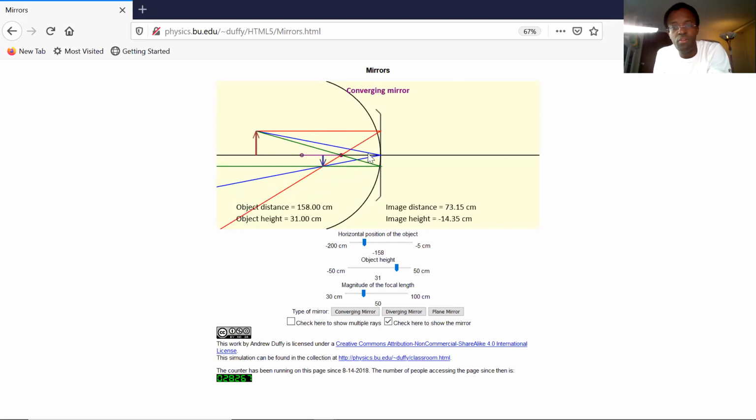These concave mirrors have a center. It's this point. That's the center of the concave mirror, and half of the distance between the mirror and the center is called the focus. There is a point that's called the focus of the mirror. That's a very important point.